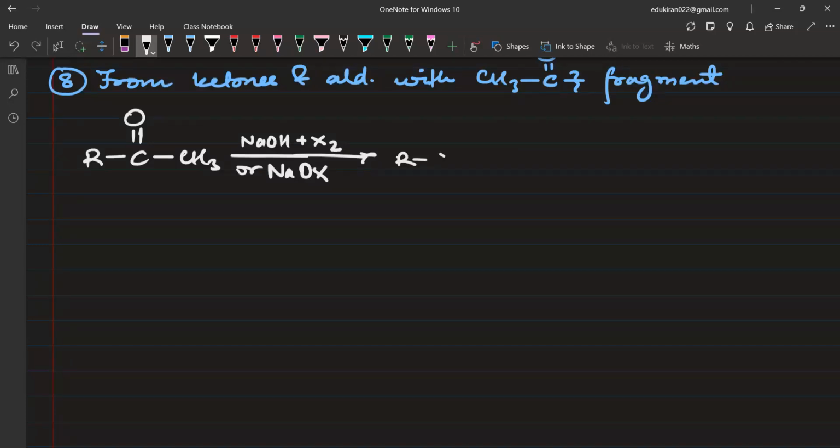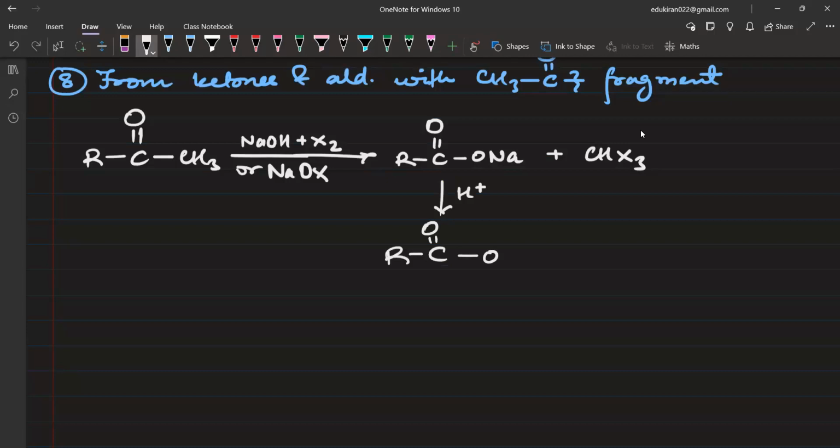You will get R, C double bond O, and ONa, plus you will get CHX3, that is haloform. है ना? In case of iodine, you will get iodoform, क्योंकि एक test होता है. You don't have to worry about this haloform. When you further react this with H plus, in the case of you are going to bring acidic condition, आपको यहाँ पे मिलेगा R, C double bond O, and you will get OH. ठीक है? That is carboxylic acid.